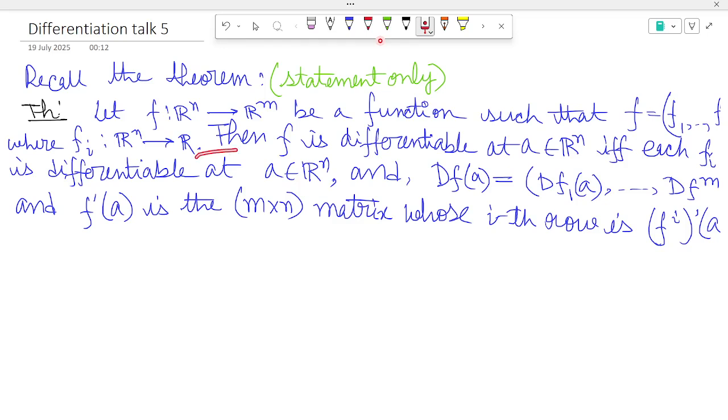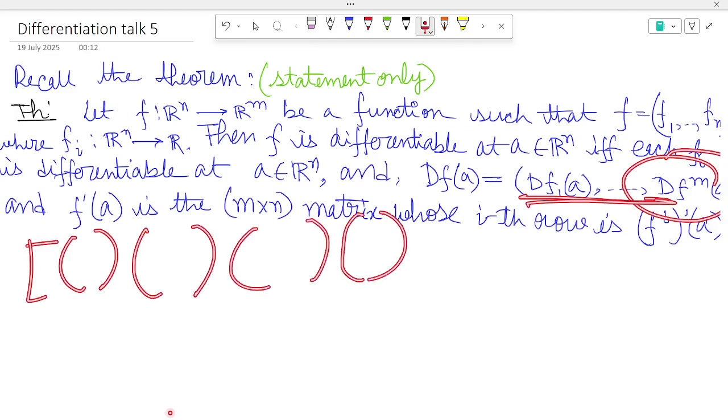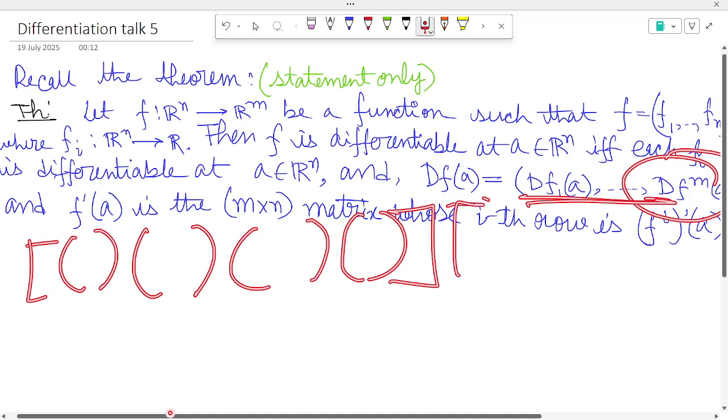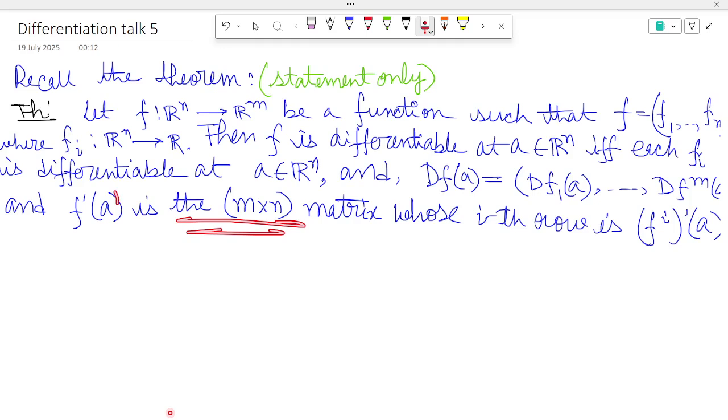That we did. The matrix is arranged in such a way that the ith row is this, and the mth row is this. That does not mean they are arranged side by side. Actually, you can think that they are arranged one below the other: df1 is this, df2 is this, dfm is this.